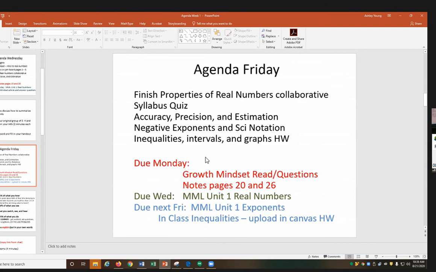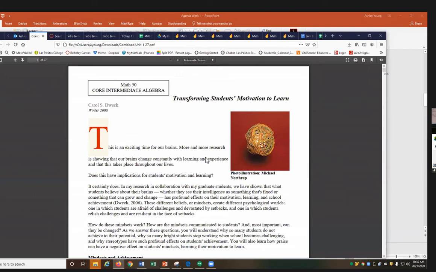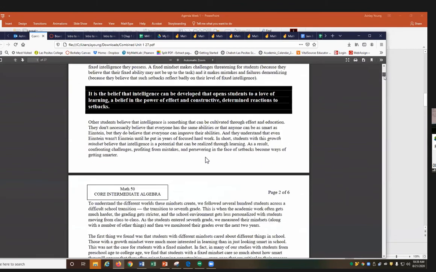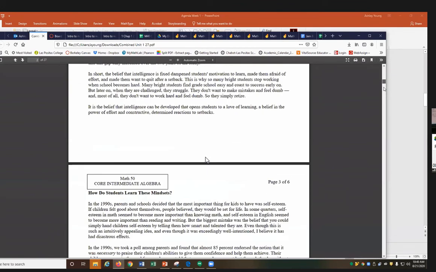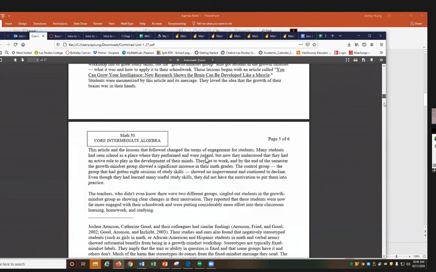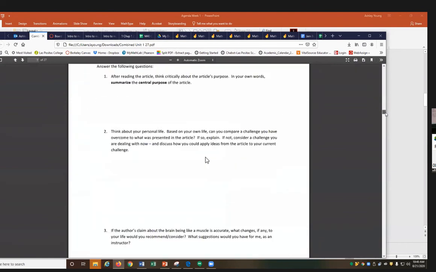That's proof of attendance. So today I expect you guys to complete pages 20 and 26 from your handout and also read these growth mindset questions. So the growth mindset questions is this part right here. And actually read it. I know you guys have read a lot of growth mindset, but they're all a little bit different. Read it anyways, and then fill out these questions here. I will know if you read it, because in these questions you should relate to stuff in the article.